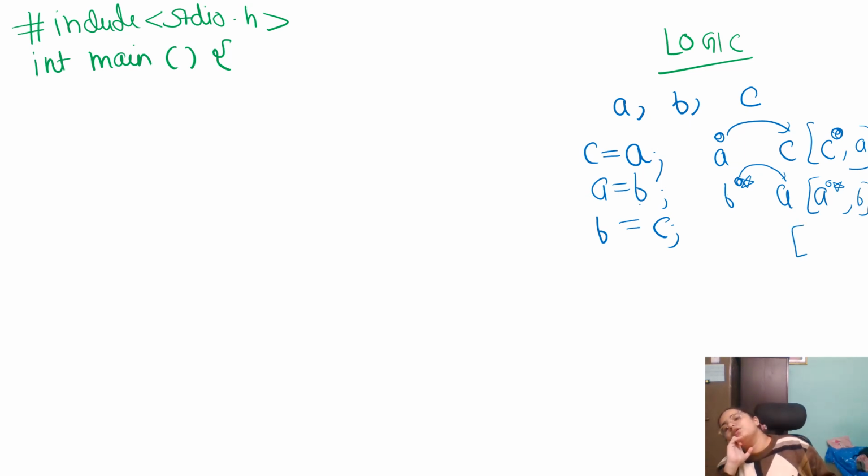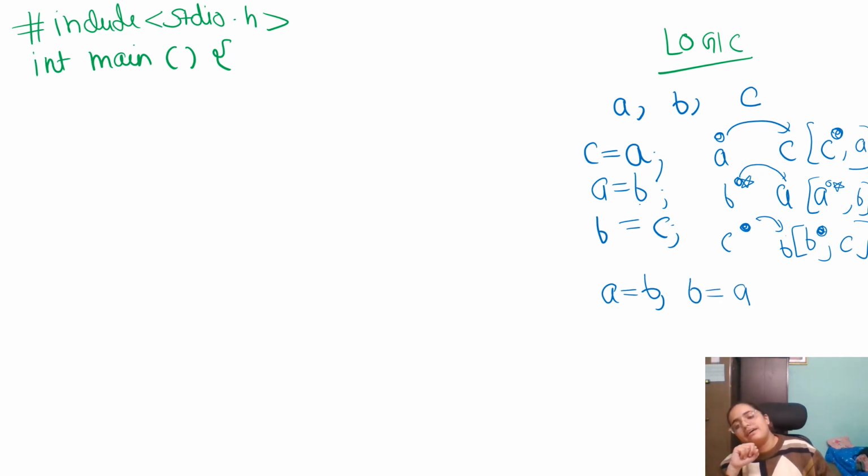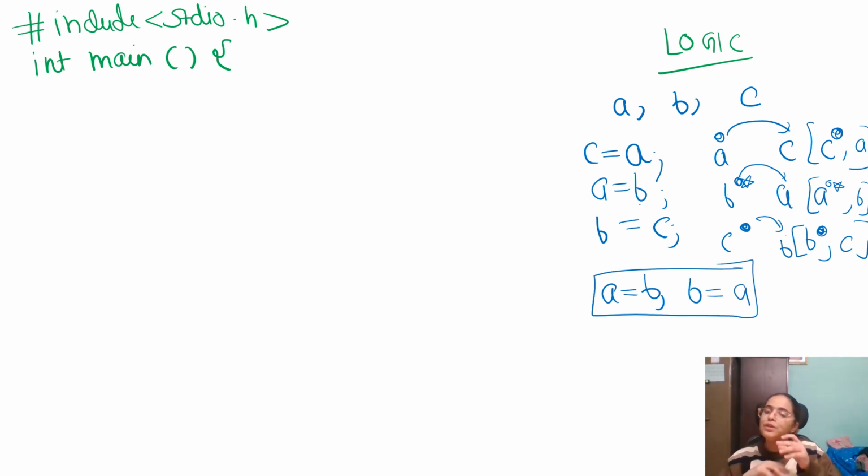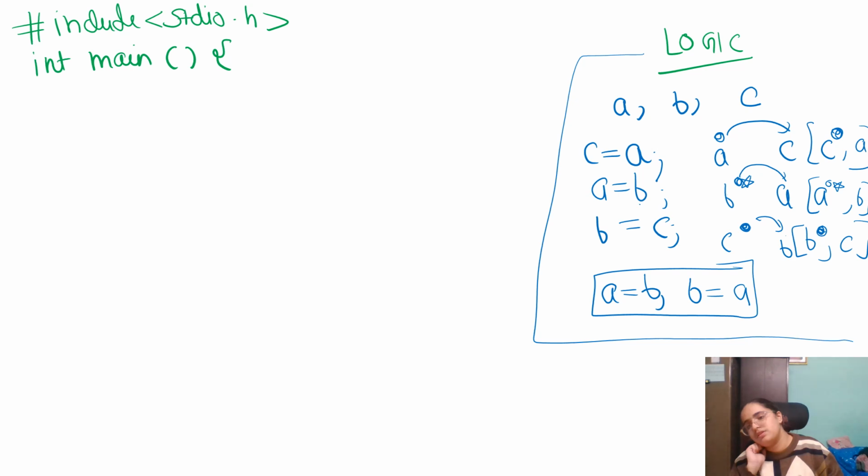But now C gives the laddu it took from A to B, and now B has the laddu that was originally A's, and C is empty. So now A has the value of B, and B has the value of A. We can do it with two integers too, but right now understanding the process is important. That's why I'm using this simple logic here.